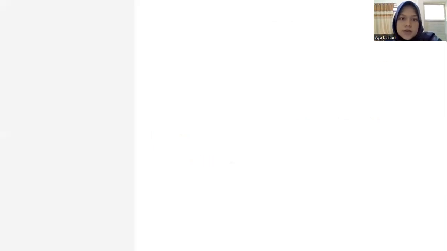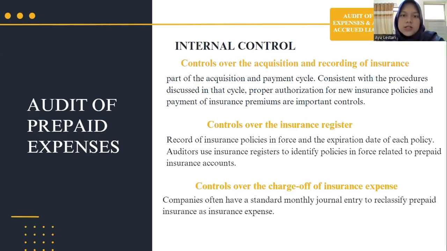Next, about internal control of prepaid expense. There are three internal controls, as we can see. The first one is control over the acquisition and recording of insurance.